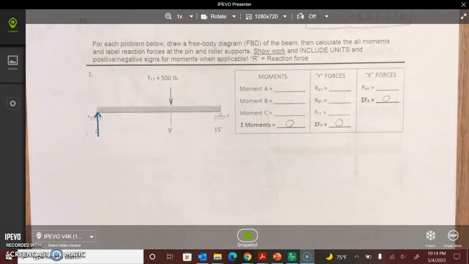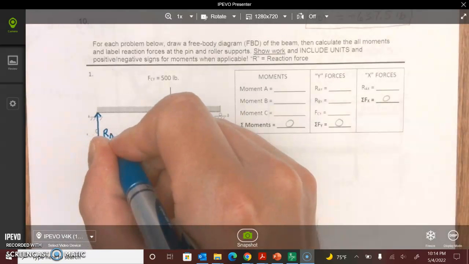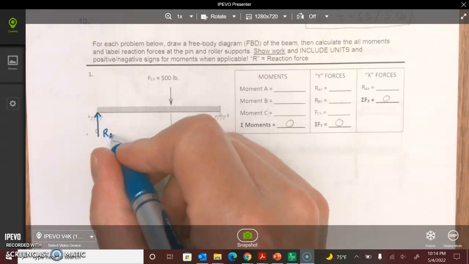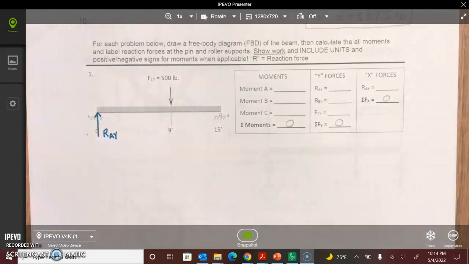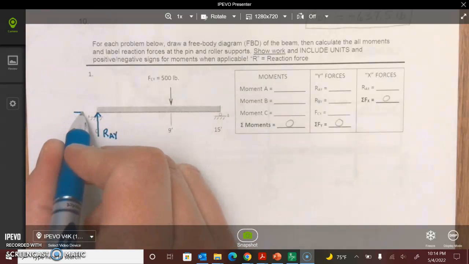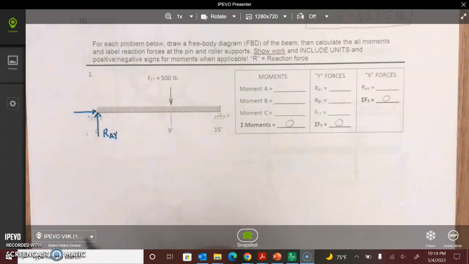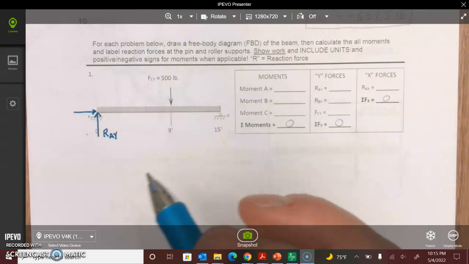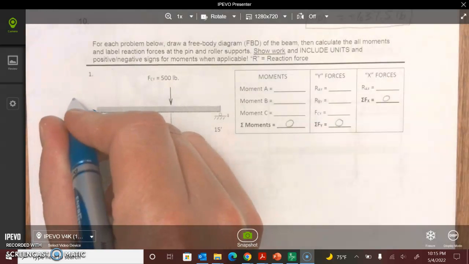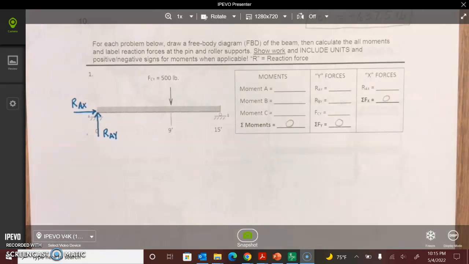I have a force acting up on it, and we're going to call that reaction force A, because it's at point A, and it's going up and down, so we'll call it Y. That's RAY. At every pin we have two reaction forces. We have a reaction force going up, and we'll always start with a reaction force going in as well. It's held down in both directions. So we're also going to call that RAX, because it's in the horizontal direction.